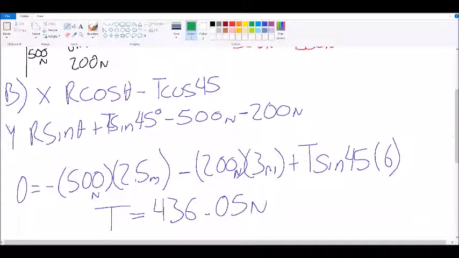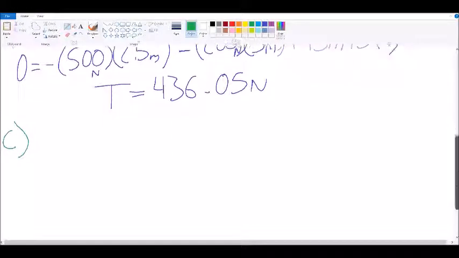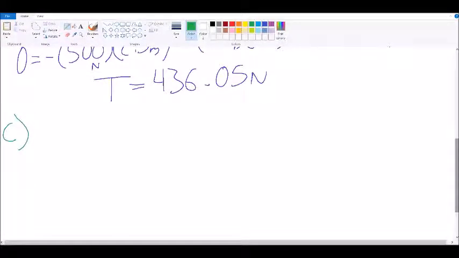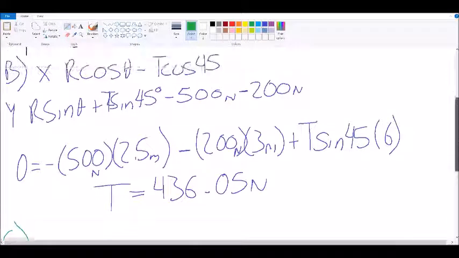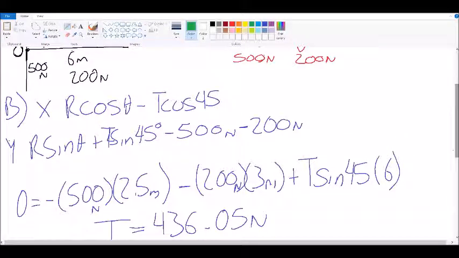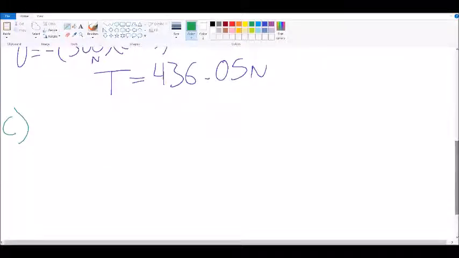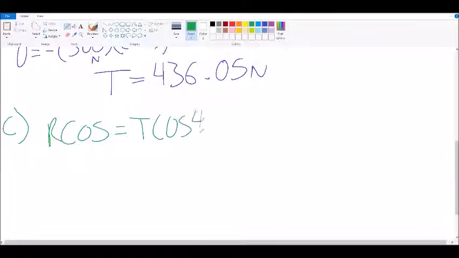We're going to be using the equations that we made in part B. So we're going to be rearranging this equation. So how we're going to rearrange it is we're going to make R cosine theta equal to the tension times cosine 45 degrees.